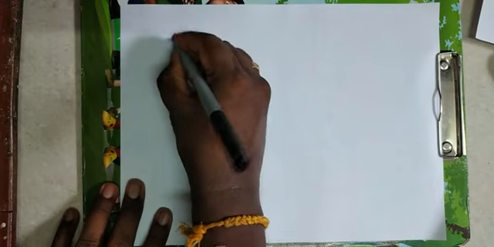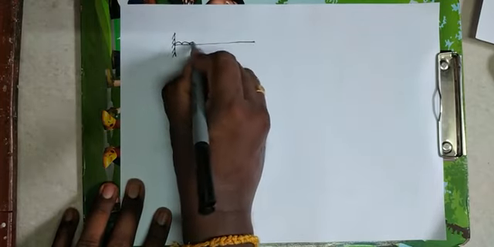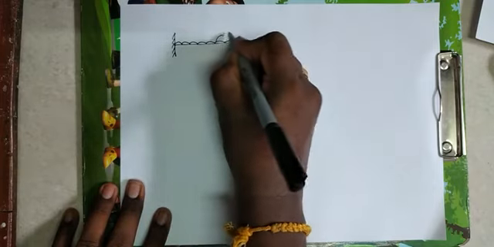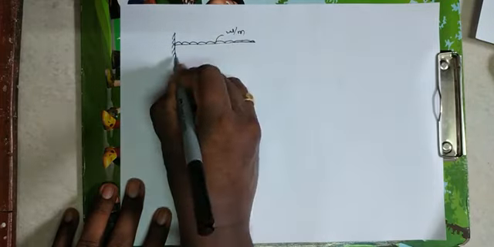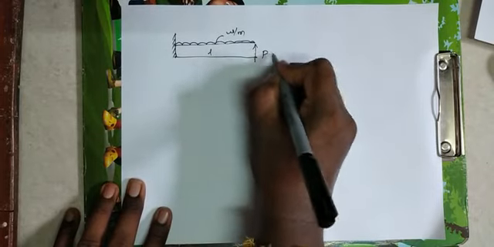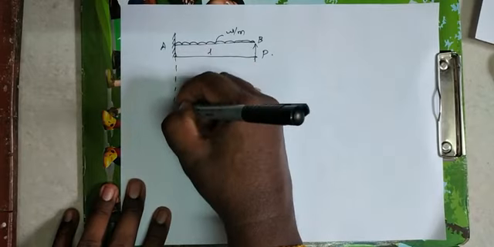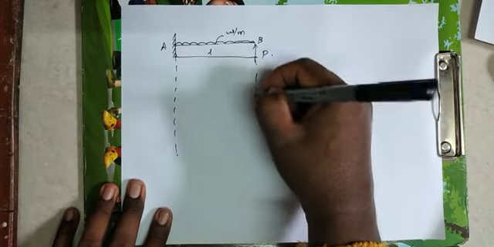Now we are going to draw the shear force diagram and bending moment diagram. First draw the given beam with given load, and draw a reference line.